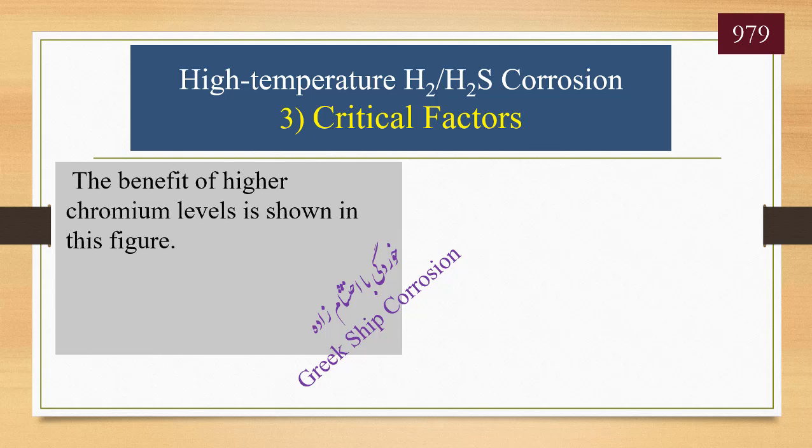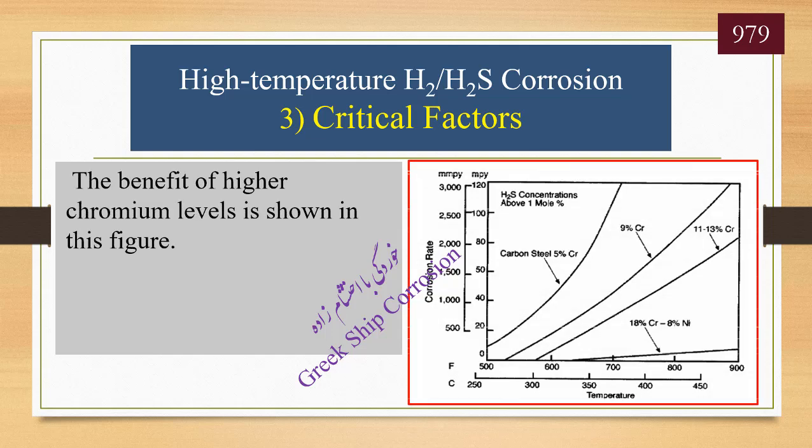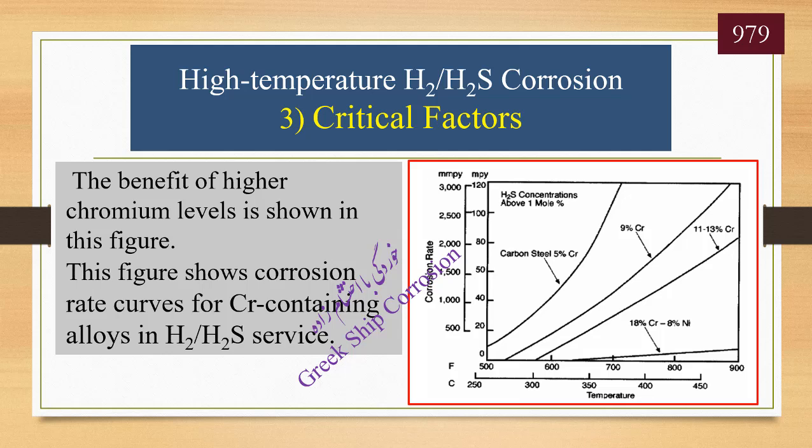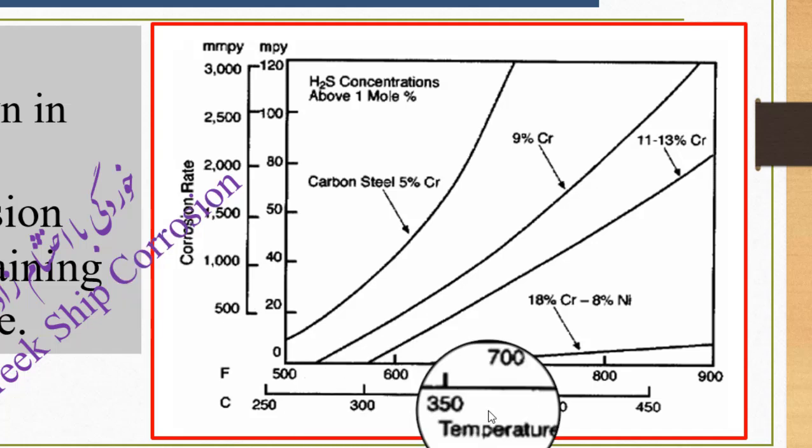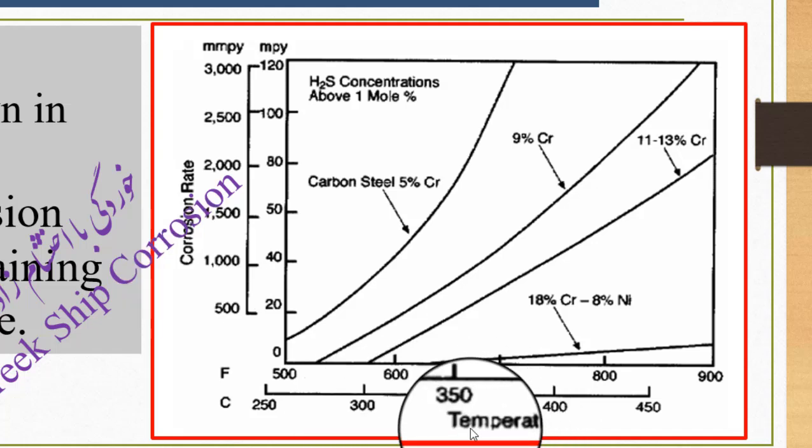The benefit of higher chromium levels is shown in this figure. This figure shows corrosion rate curves for chromium-containing alloys in H2S service. The vertical axis is corrosion rate and the horizontal axis is temperature.